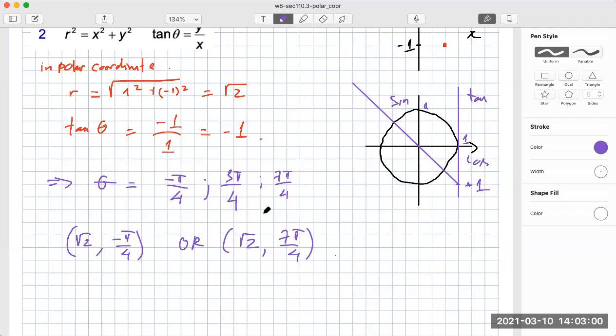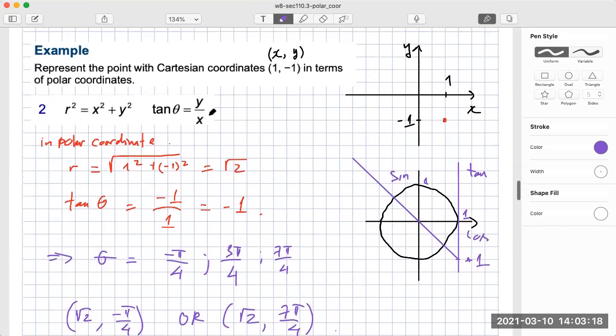Look at this. It's the same color for 1, -1 and 1, 4. It's very important to know which quadrant it is, right? The Cartesian coordinate they give us is 1, -1, which is quadrant 4.